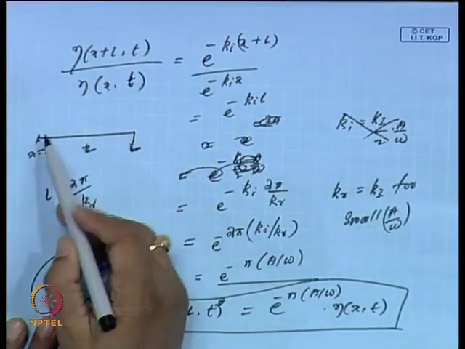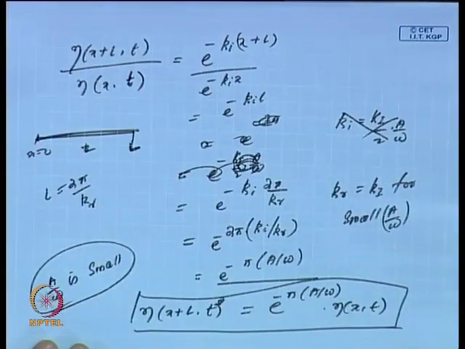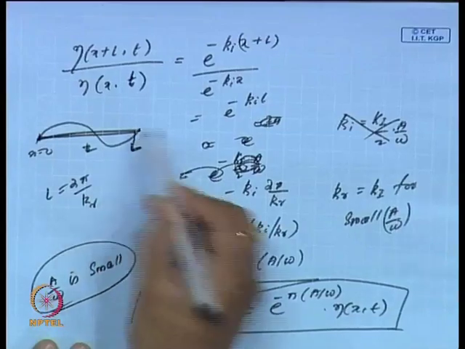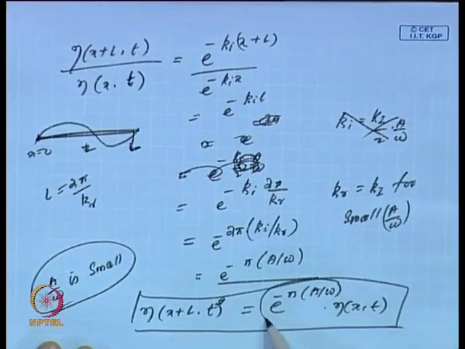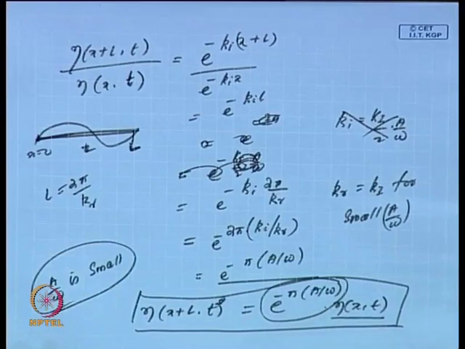So, when the wave just crosses one wavelength, then immediately there is a factor, and this factor will reduce the amplitude of the wave exponentially.